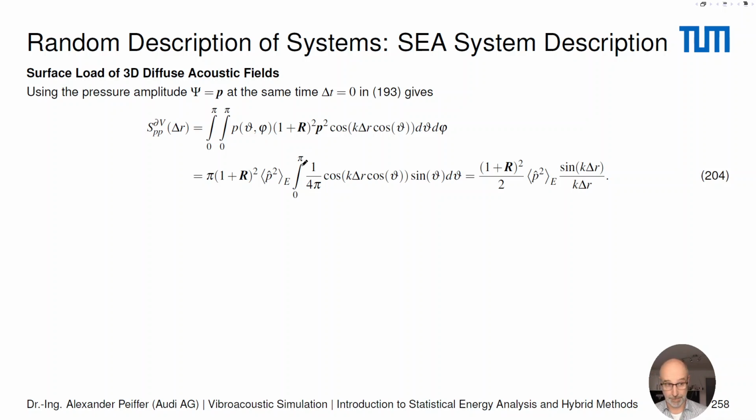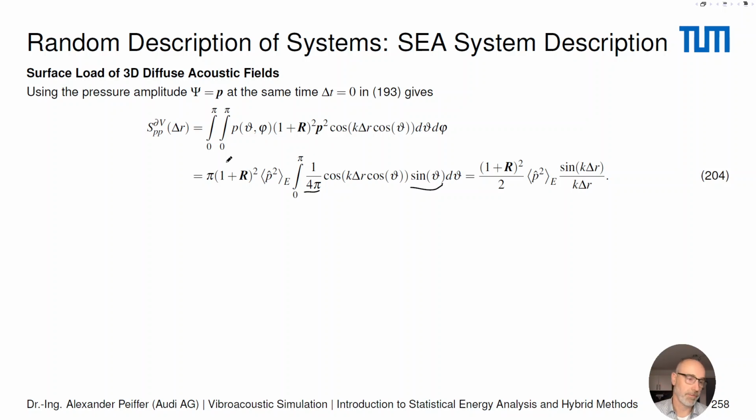In the next step, we are replacing the probability function by the solid angle, which is given by 1 divided by 4 pi, and the sine component, which also belongs to this probability function. We have introduced the reflection factor. Everything that is not dependent on the angles is outside of this integral.